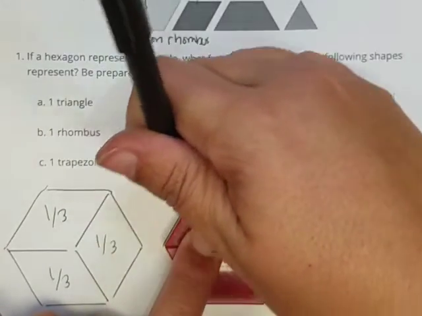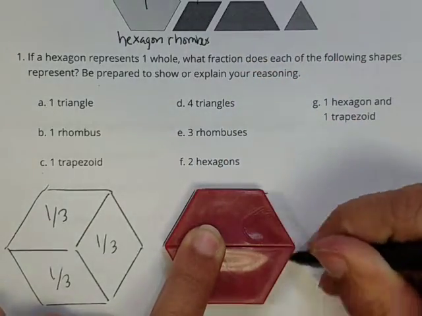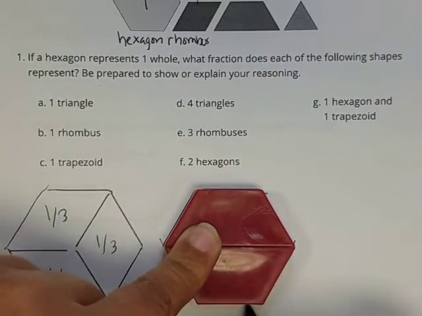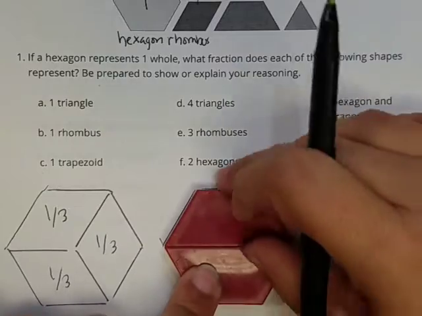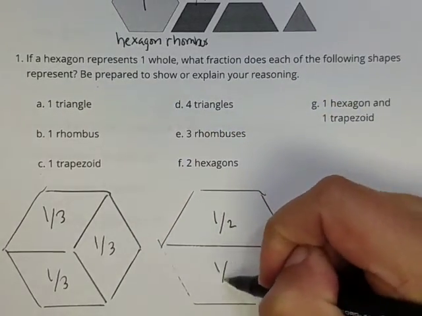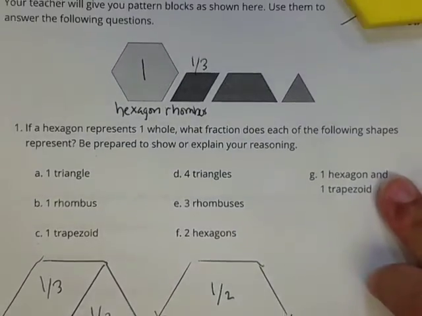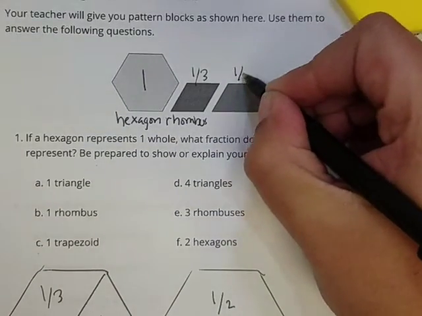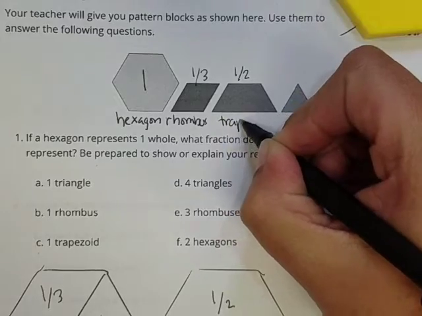So if I draw my hexagon, I can see that one of these is half of the whole. So then I can put this as 1/2. And this is your trapezoid.